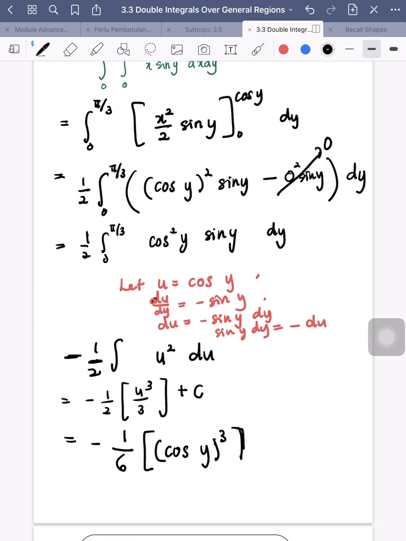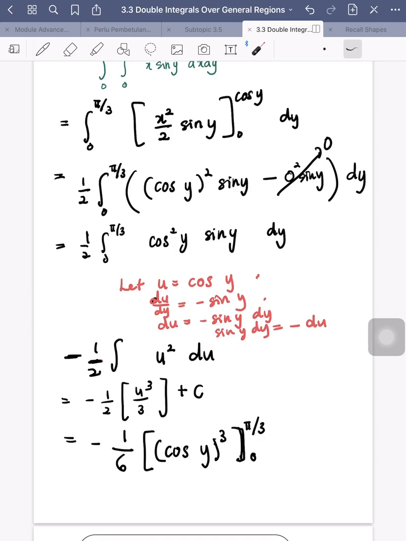Then you put the value of u from 0 until pi over 3. u here is cos y, so power of 3, you put power of 3. Denominator multiplied with denominator, so 2 times 3, you get 6.